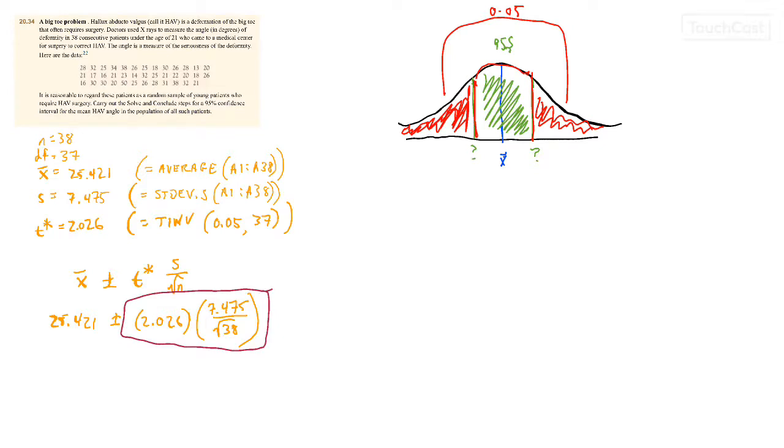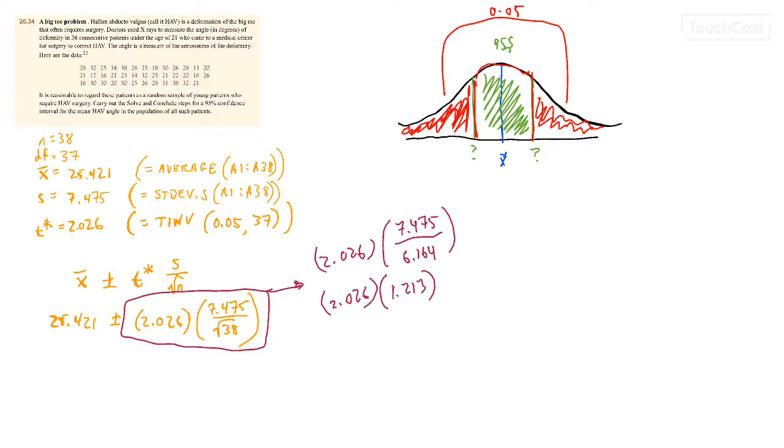So I'm just working out the math here. And this becomes 2.026 times 7.475 divided by the square root of 38, which is 6.164. And now if I do the division here, 2.026 times these two numbers divided by each other is 1.213.